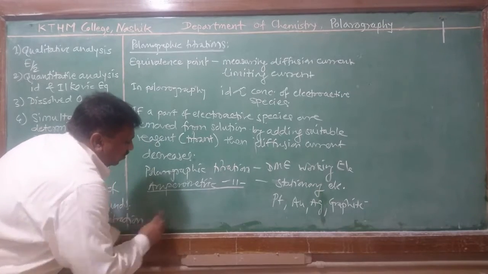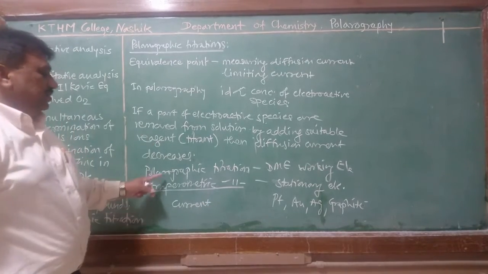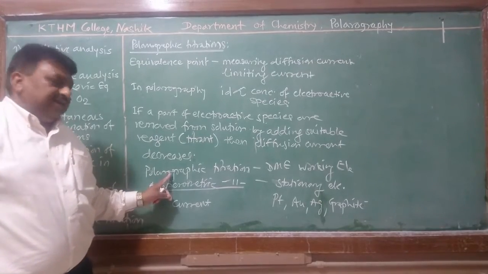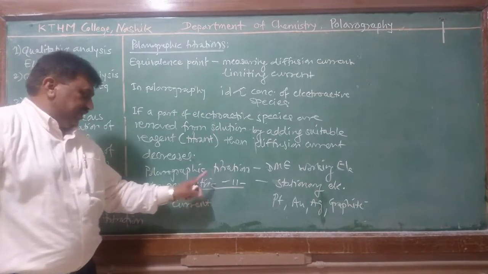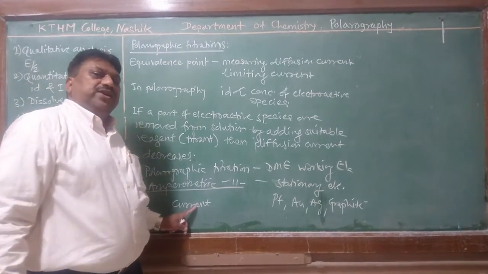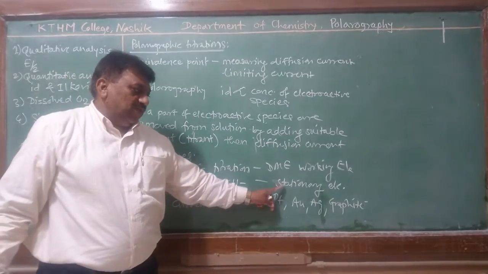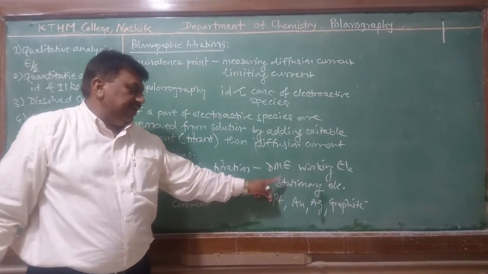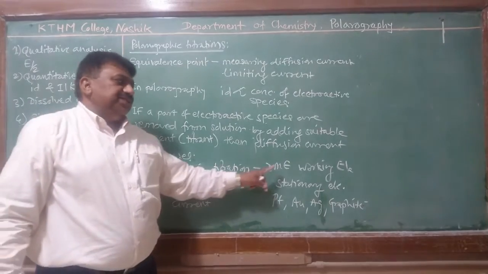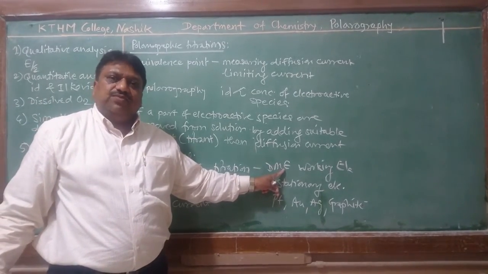In polarographic titration, limiting current is measured. In amperometric titration, a reduction current or redox current, that is cathodic current, is measured, and therefore it is performed using a stationary electrode. Polarographic titration is performed using a dropping mercury electrode as the working electrode.